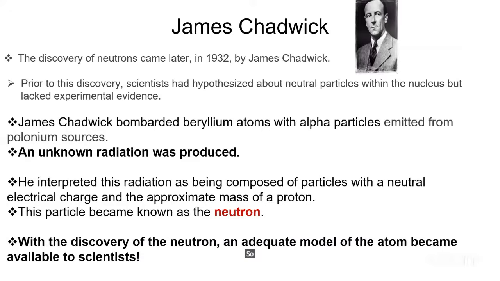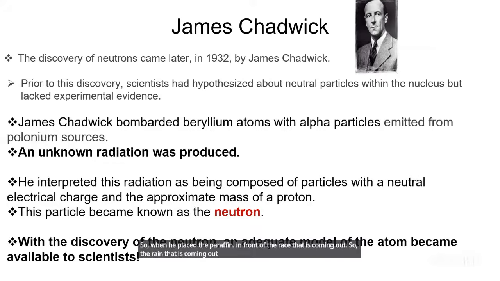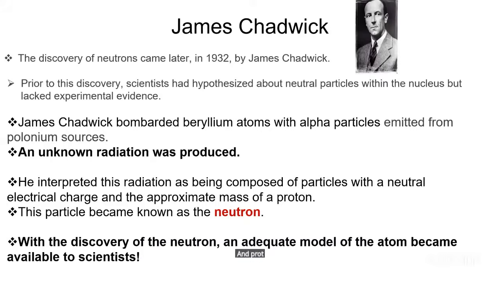When the rays went through the paraffin, he discovered that protons were shot out of the paraffin. And protons, like we know, are positively charged. But he was sure that whatever is coming out does not have a charge, but it has the same size and the same mass as a proton, for protons to be coming out.